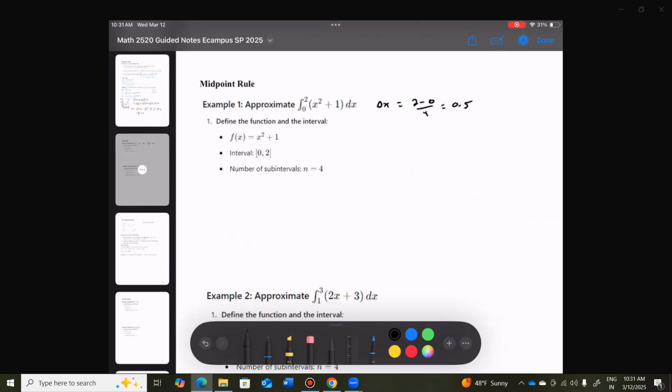Then we're looking at our subintervals. So x sub 0, x sub 1, x sub 2, x sub 3, and x sub 4. The first one starts out at 0, the last one ends at 2.